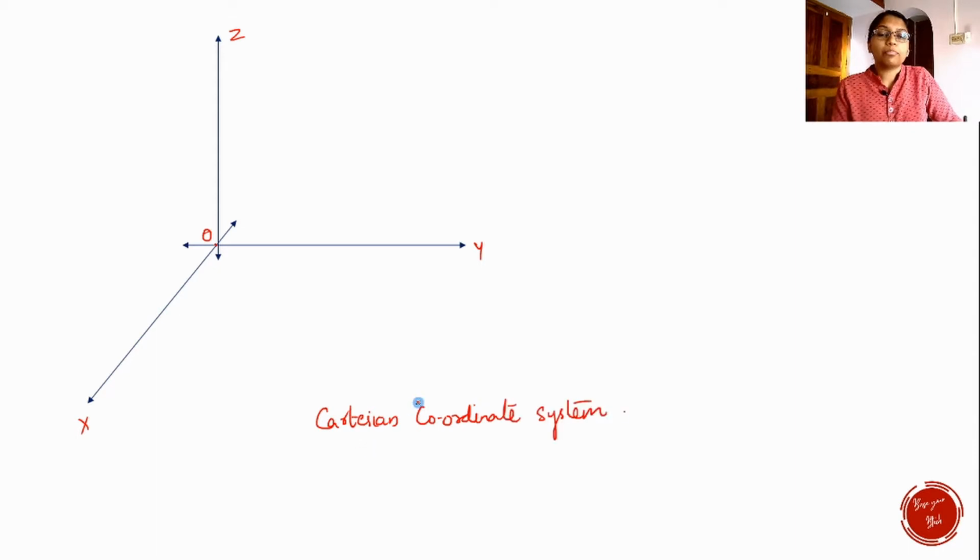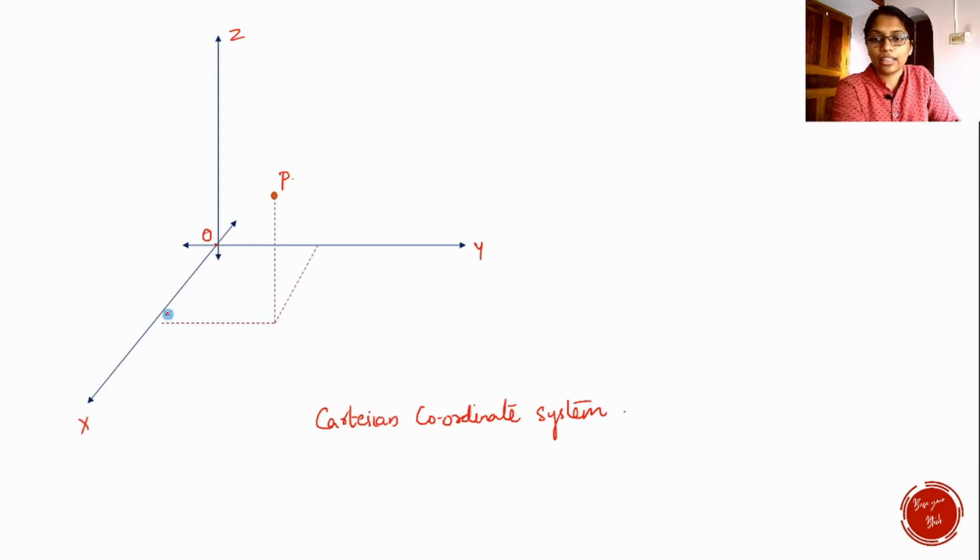So how to represent a point in terms of these Cartesian coordinates? Here I have brought one point which is P. How to represent this point in this Cartesian coordinate system? For that, I need to draw a line parallel to the z-axis from this point. This line crosses the xy plane, and from this point I produce two other lines, one parallel to the x-axis and another parallel to the y-axis.